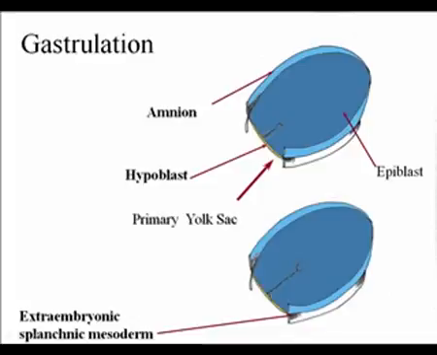What this does is establish a head region and a tail region, and the body axis is formed. So by day 17 to 19 of gestation, if we go to the University of New South Wales and their embryology website, what we can see is the following.